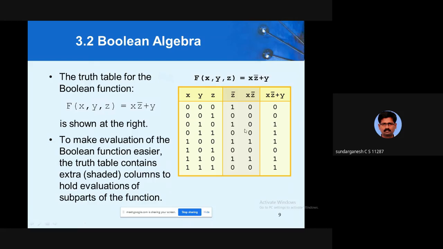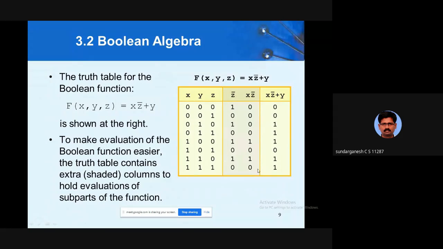If you look at this table, here x is 1, z bar is 1, so the output is 1. Here also x is 1, z bar is 1, output is 1. Here too x, z bar are 1, output is 1. The remaining values become 0.